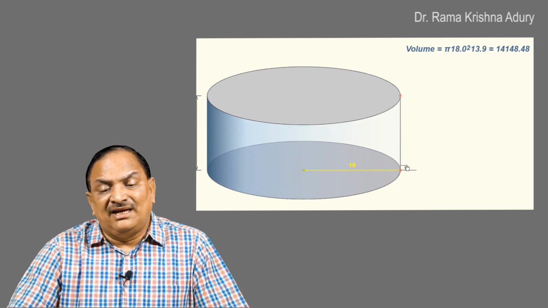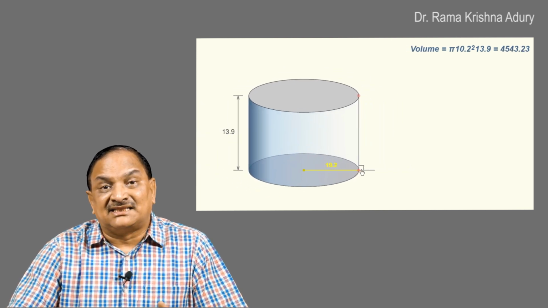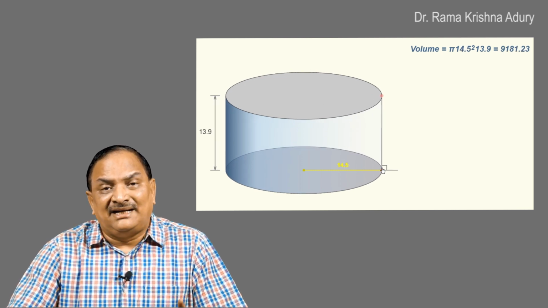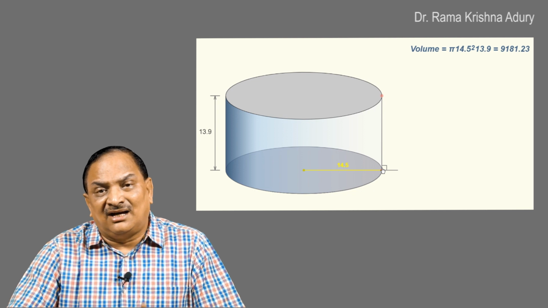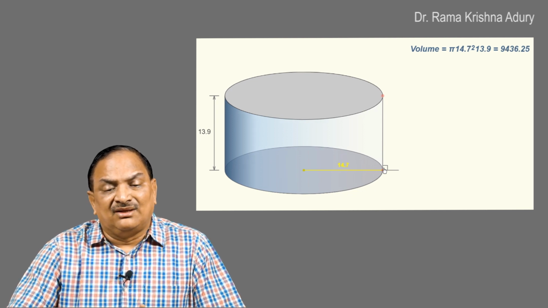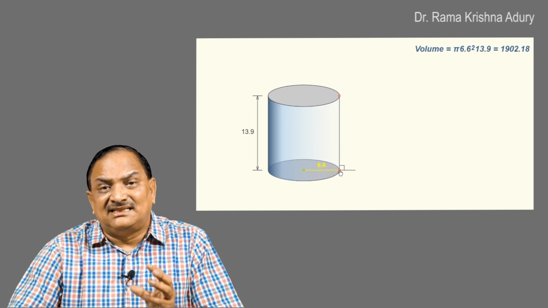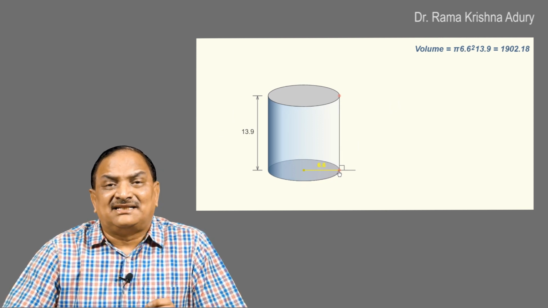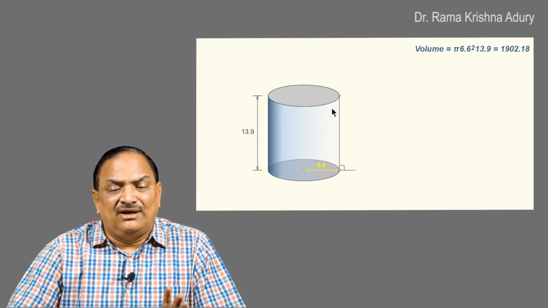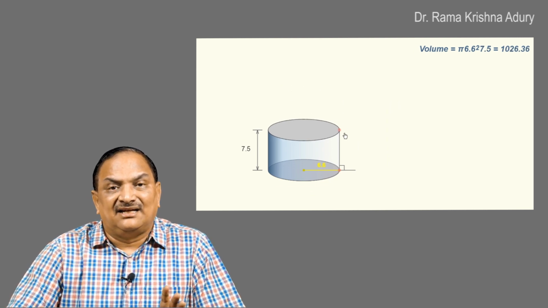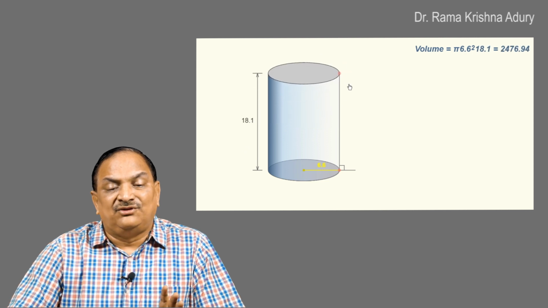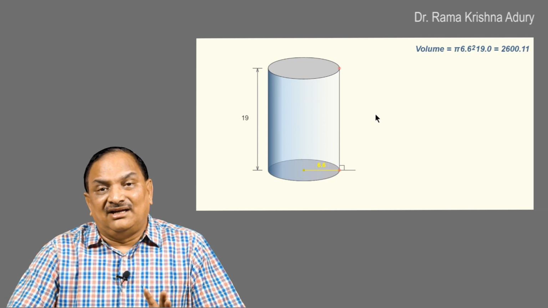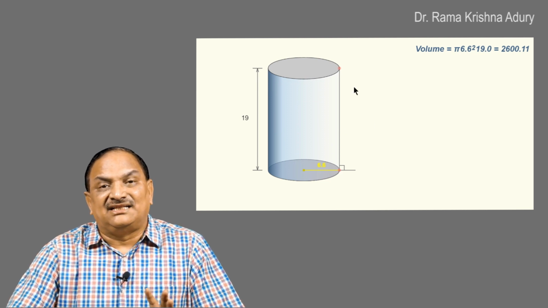Therefore, any increase in the radius multiplies the volume by the square of that factor, since the formula is pi times r square times h. But if you double the height, the volume also gets doubled. So if you want to increase the volume of the cylinder, you can change the radius or the height.